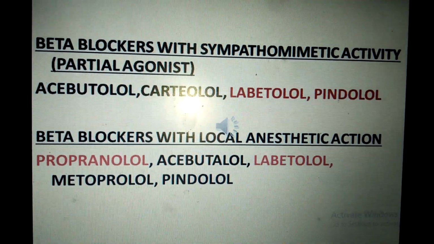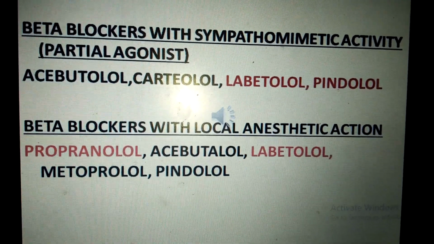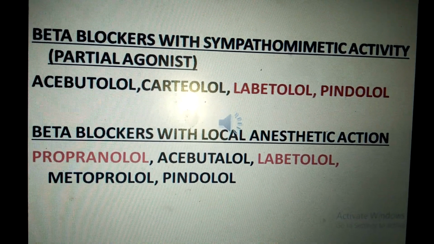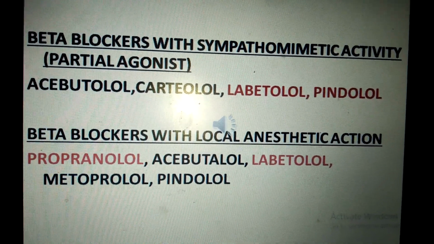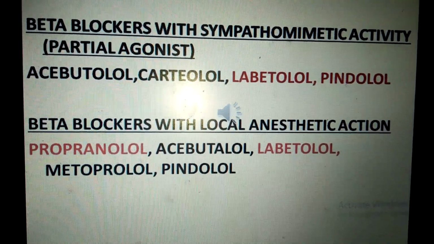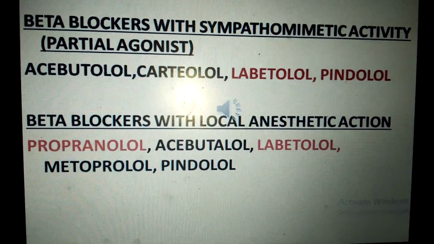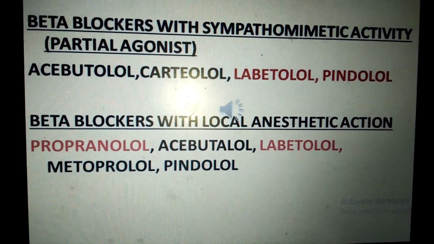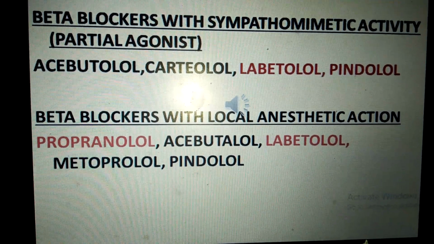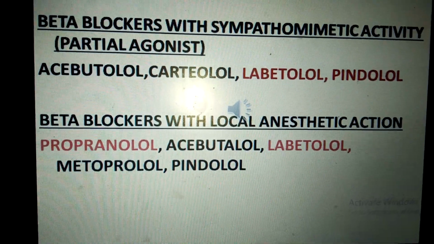Like we have beta blockers which also act as partial agonist, like they can activate beta receptors. So some beta blockers do have intrinsic sympathomimetic activity because they are acting as partial agonist at beta receptors. So you should remember the example of these drugs.